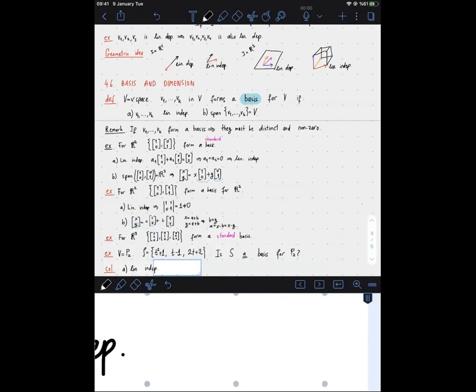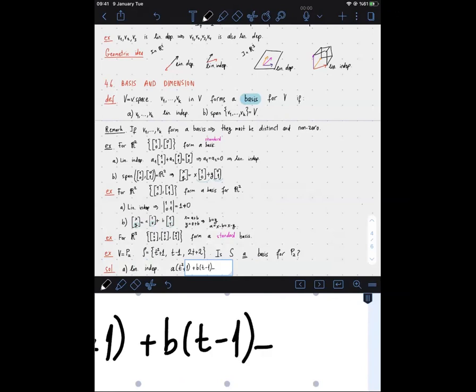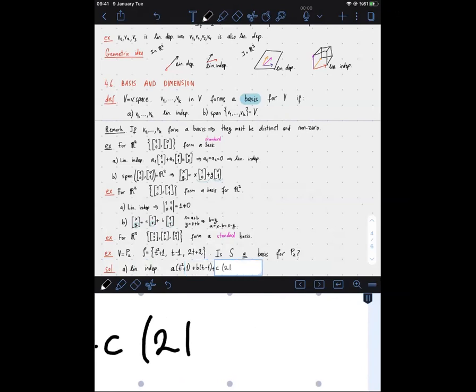For that we write A times the first vector plus B times the second vector plus C times the third vector equals the 0 vector, which is the 0 polynomial, and we ask whether there is a solution other than A equals B equals C equals 0. If I choose A, B, and C equal to 0, then this is always a solution, so we are looking for non-trivial solutions.